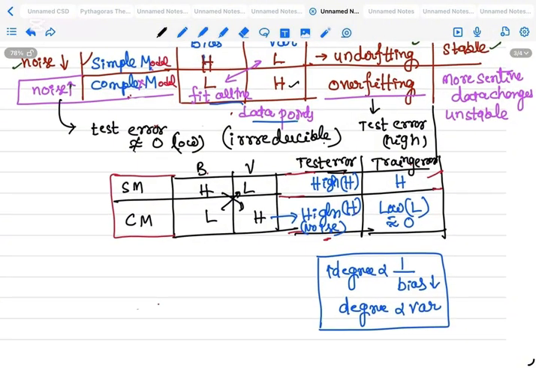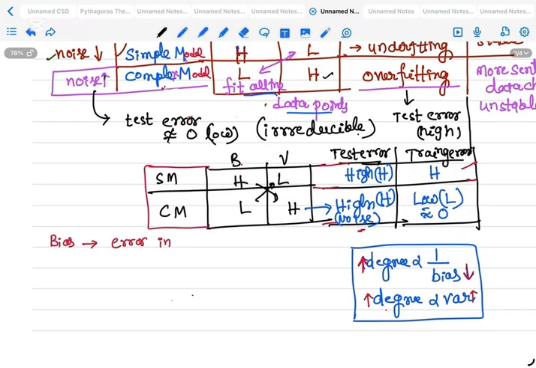The degree of the polynomial is directly proportional to the variance. If the degree increases, variance also increases. If the degree is increasing, bias is reducing. Bias is the error introduced by the model, that is, a simple model.